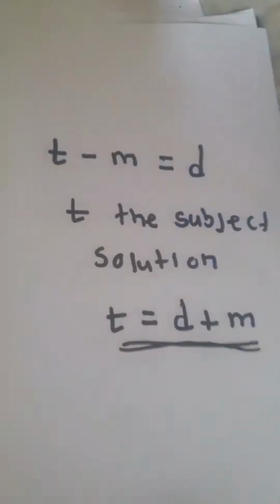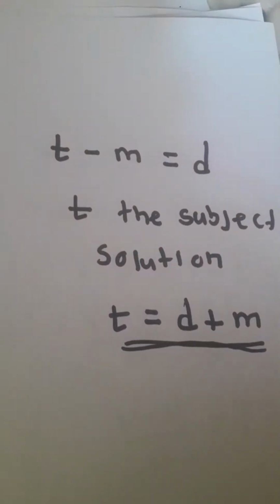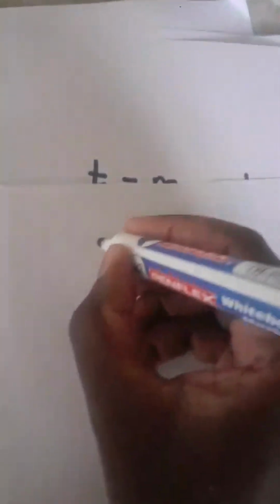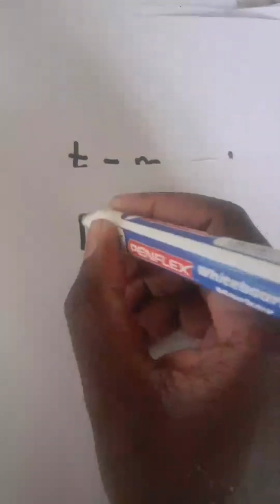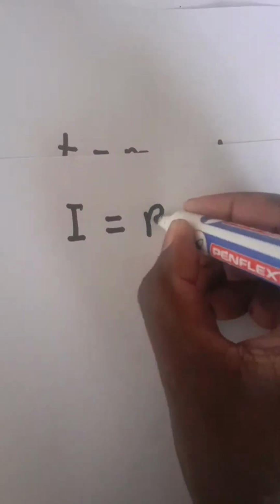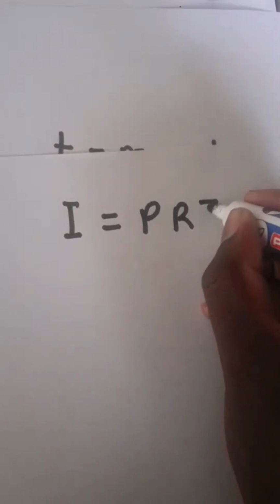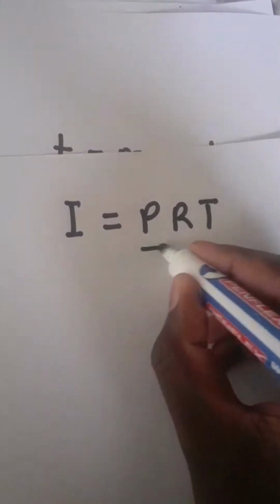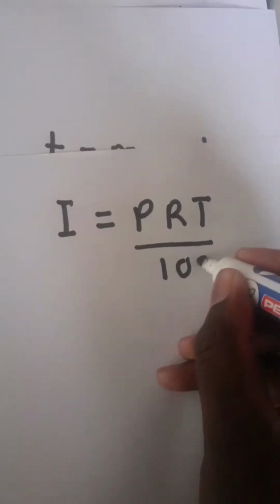So I want you guys to try the following, to work out the following. It is given that interest is equal to principal times rate times time over 100.